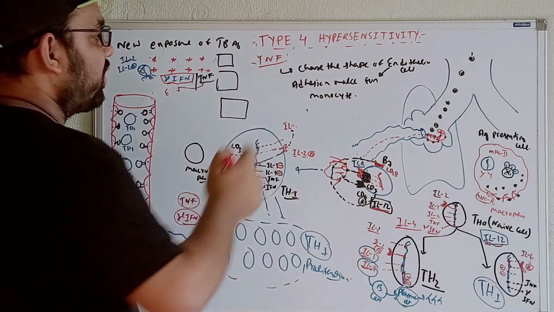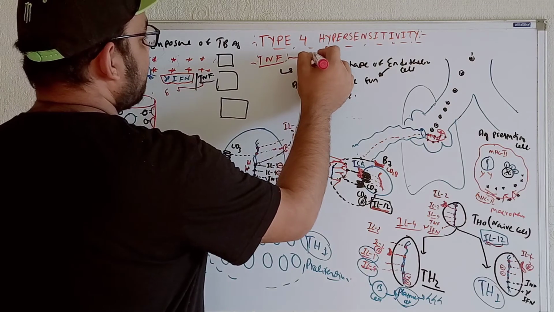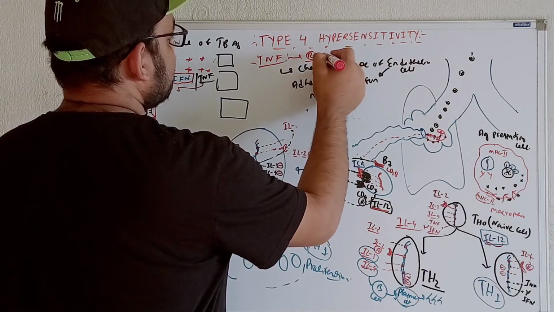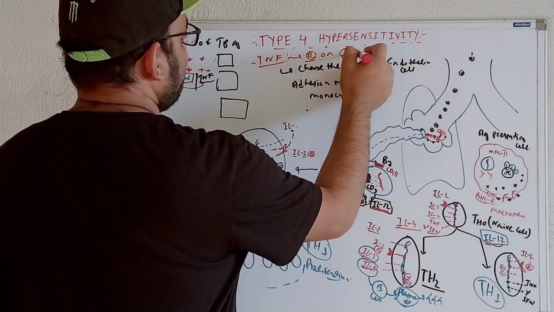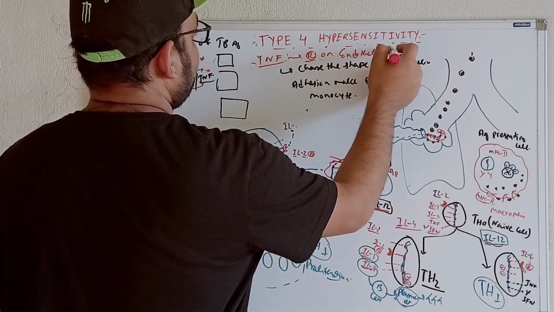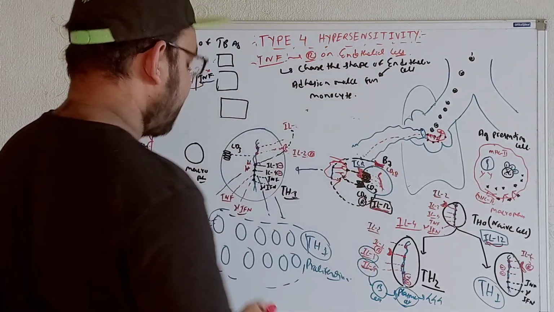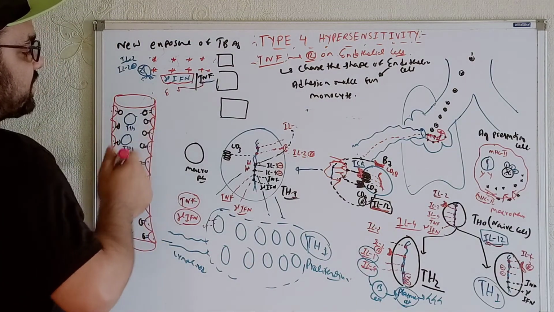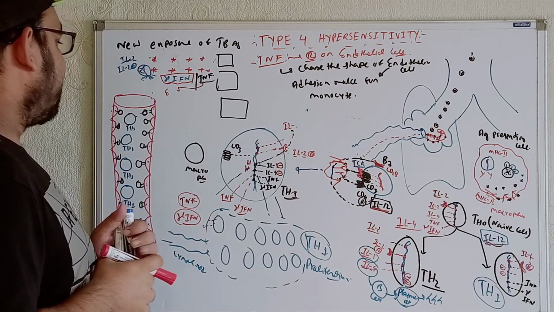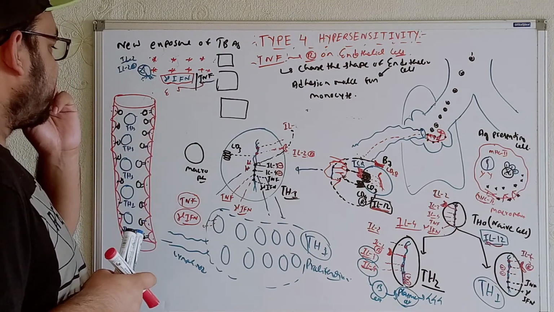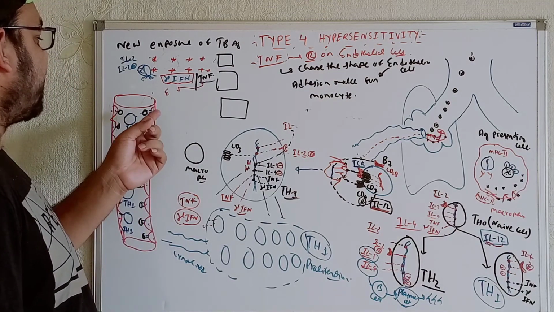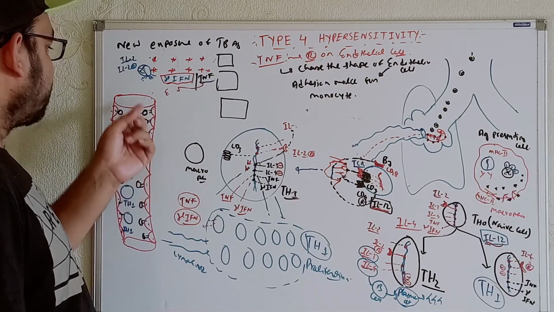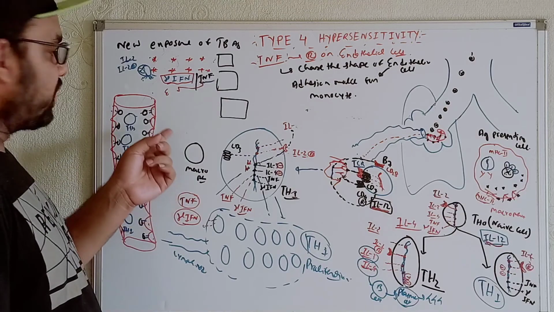When the receptor on the endothelial cell is engaged by the tumor necrosis factor, it changes the shape of the endothelial cells and makes sure they make the adhesion molecules for the monocytes. So whenever monocytes pass through the microcirculation over here, they will get fused along with the endothelial cells.